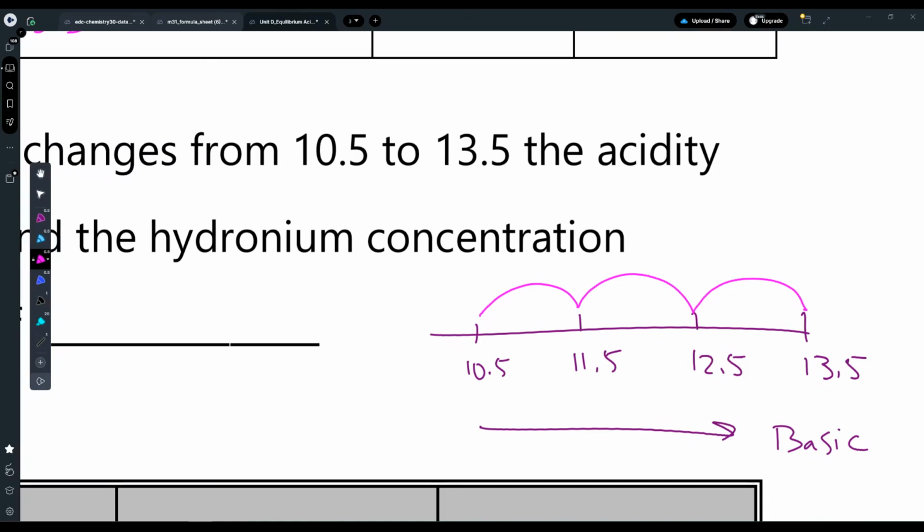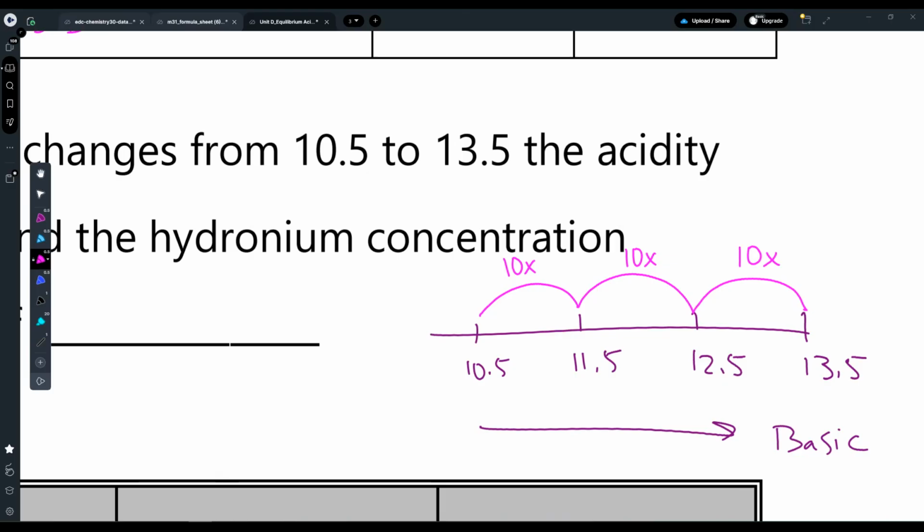So anytime you change 1 unit, you are either increasing or decreasing the hydronium ion concentration or hydroxide ion concentration by 10 times. And whether you increase or decrease depends on what substance you're talking about, either hydronium or hydroxide, and also on whether you're getting more basic or more acidic.